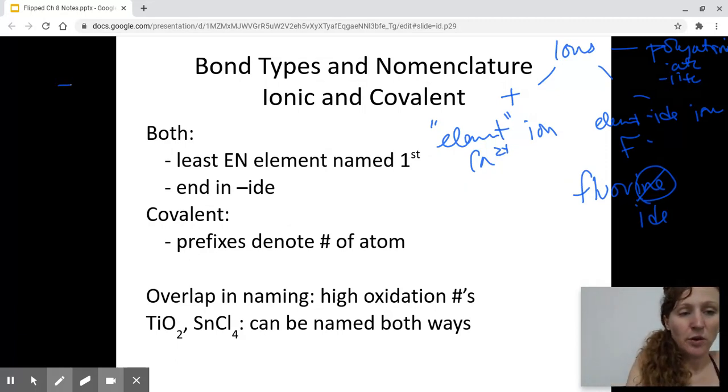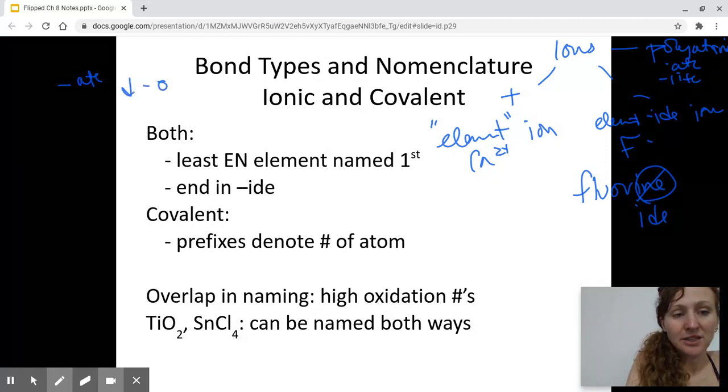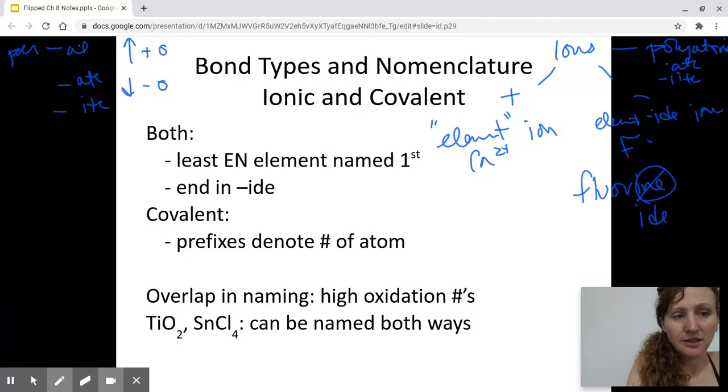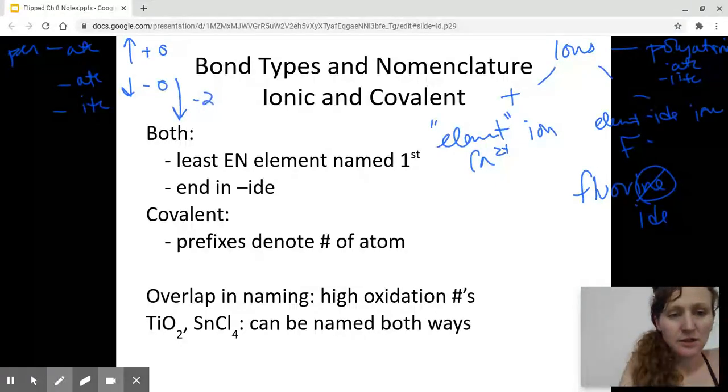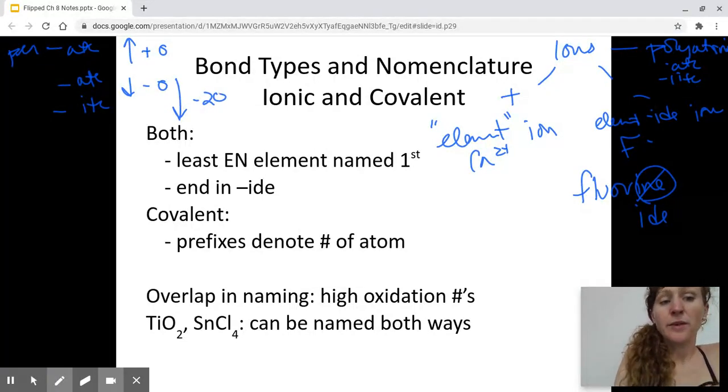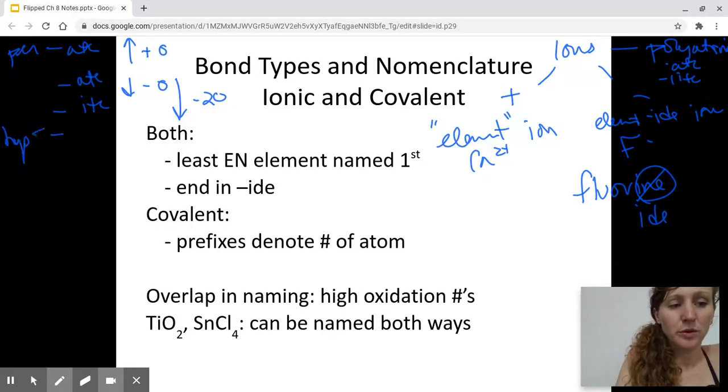So remember, if you have your -ate form, one less oxygen is going to be the -ite form. One more oxygen is going to be the per-ate form. And then if you go two less oxygens from the -ate form, you're going to get a hypo-ite form.